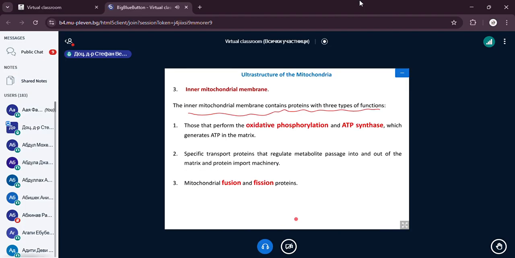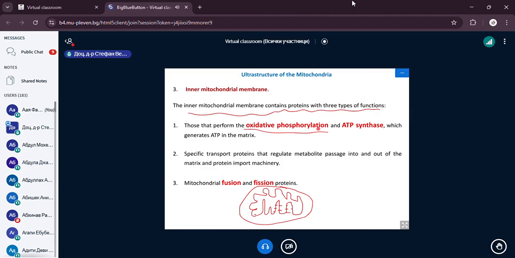And additionally, the inner mitochondrial membrane forms these irregular invaginations called cristae towards the matrix of the mitochondria. So the inner membrane is irregular, while the outer membrane is a smooth membrane. And these cristae become more numerous to allow for more special proteins to be located in these membranes of the cristae. Why? Because these proteins belong to the so-called oxidative phosphorylation chain, and that's where ATP is being produced.